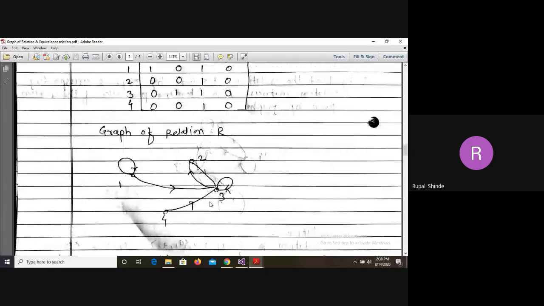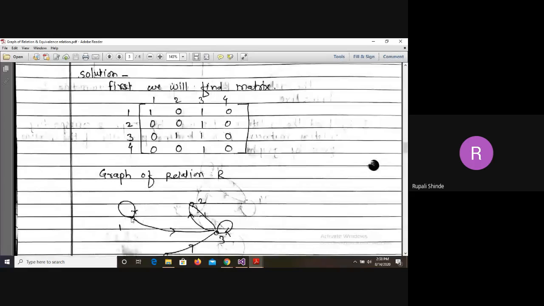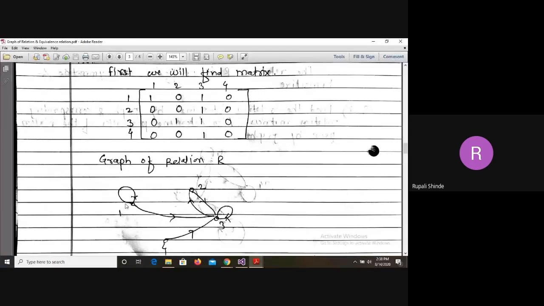So here 4 elements are present: 1, 2, 3, 4. First ordered pair is 1 comma 1. Means we have to draw a self loop at 1, and that is shown here. Then 1 comma 3, 1 to 3. There should be an arrow.